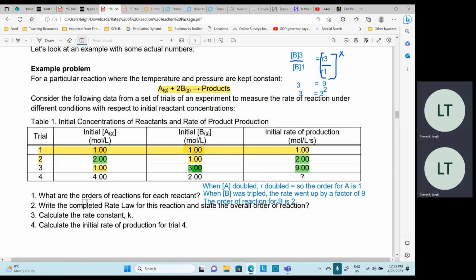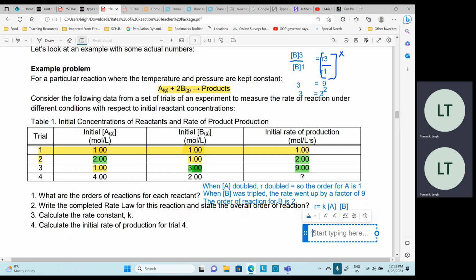So it says write the completed rate law for the reaction and state the overall order of reaction. So the rate law is always R equals, the rate equals, some constant times the concentration of A times the concentration of B. And A and B have their own exponents.